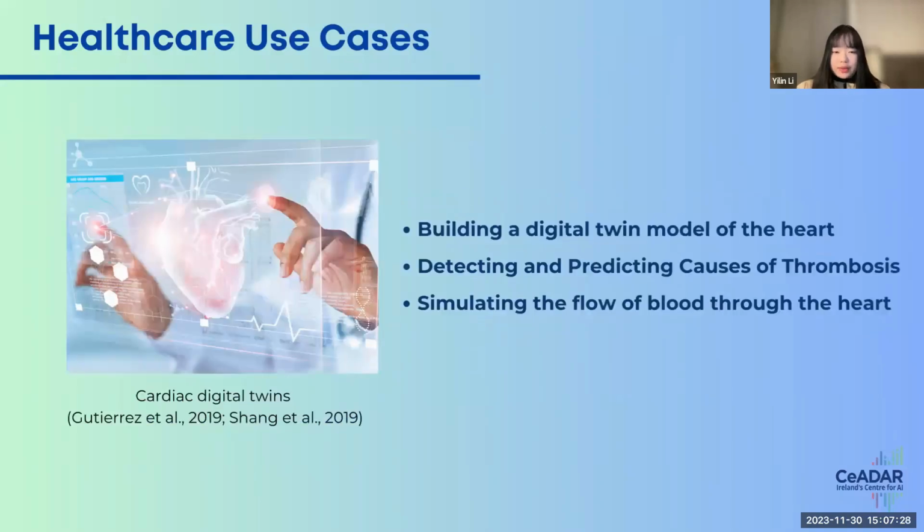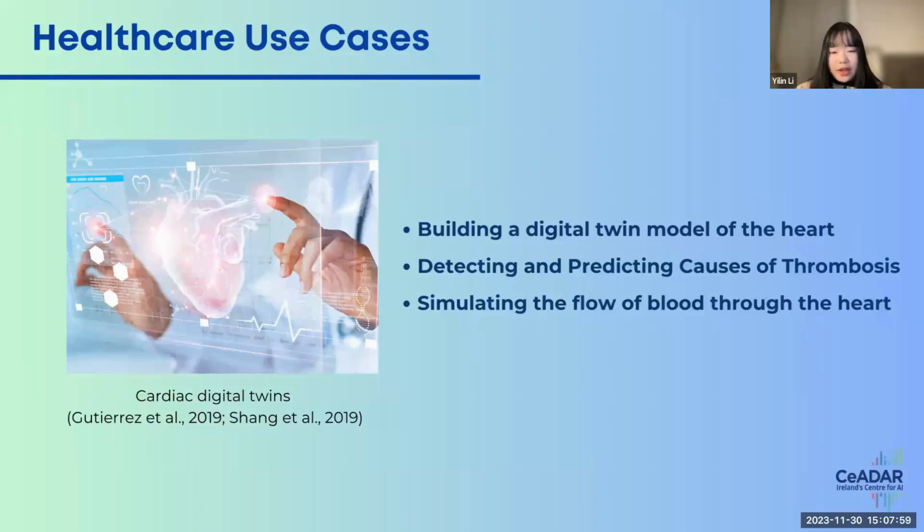And last but not least, let's talk about the cardiac digital twin created by Shan and their respective teams in 2019. They built a digital twin model of the heart that detects and predicts the cause of thrombus and simulates the flow of blood through the heart.